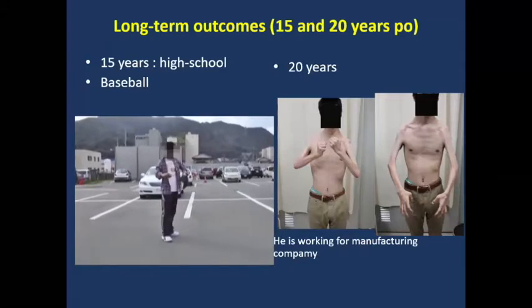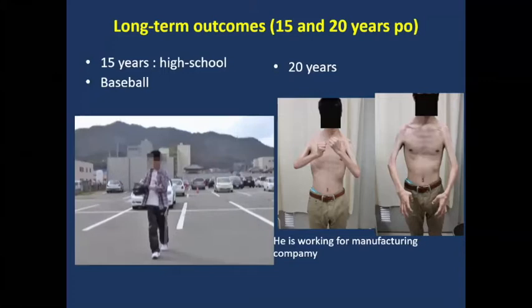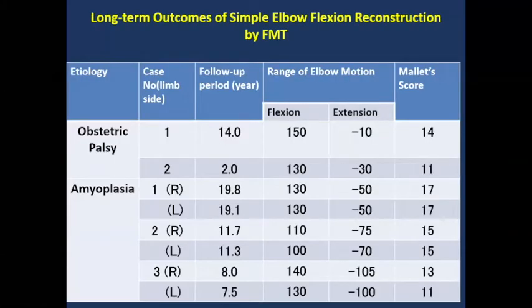And now, he is working for manufacturing companies. Summarizing the long-term outcomes of simple elbow flexion reconstruction by free muscle transfer, children with obstetric palsy obtained satisfactory elbow flexion and mild elbow flexion contracture.